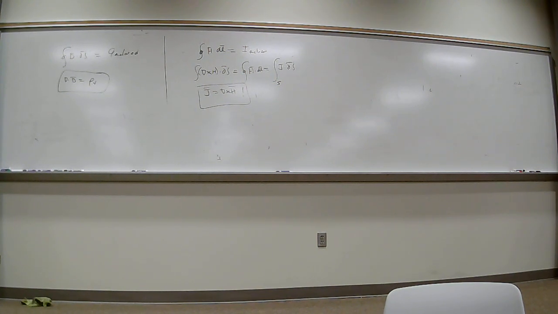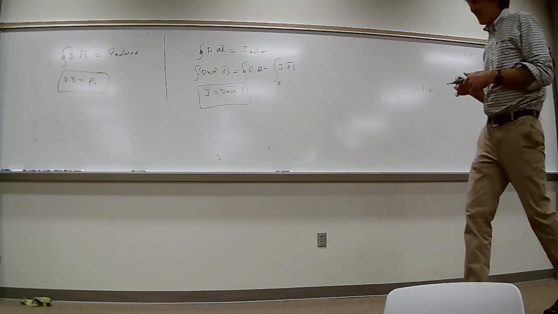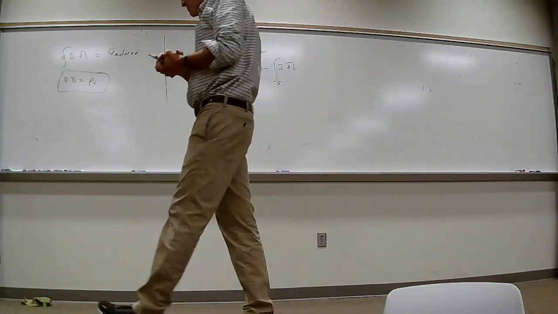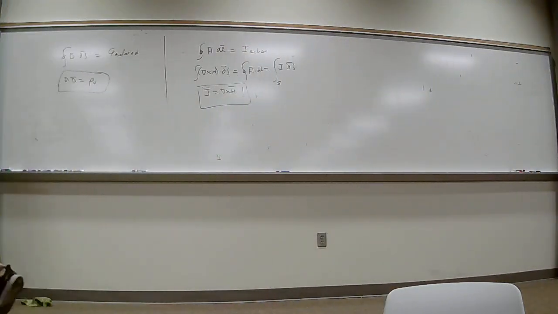And you've had curl before in your mathematics courses. I will give you the curl if you talk about the definition in cylindrical and spherical coordinates, but you should know the one in Cartesian. Anyway, I just wanted to mention that. That's Stokes' theorem. It's on page 236. And it's not really a big deal, in my opinion.